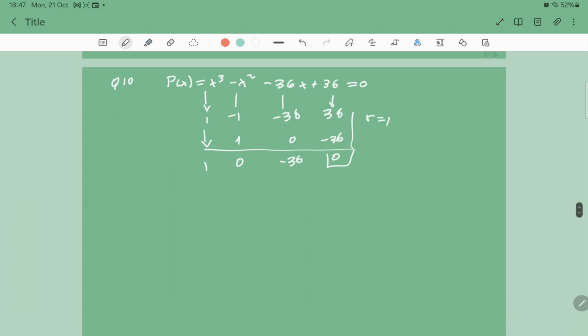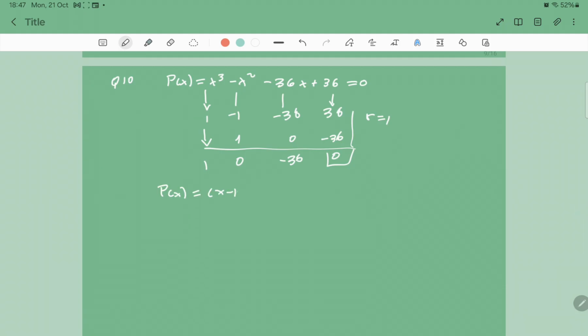So my p of x equals x minus 1 times x squared minus 36. 36 is a square number. This is 6 squared. I have x minus 1 times x minus 6 times x plus 6.